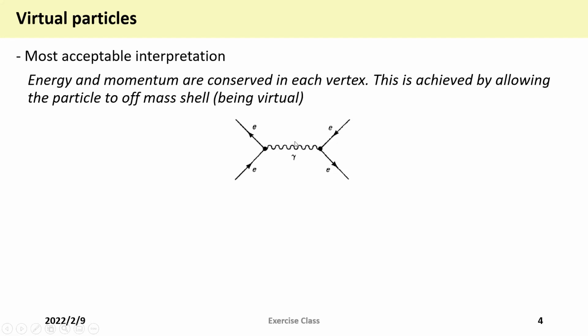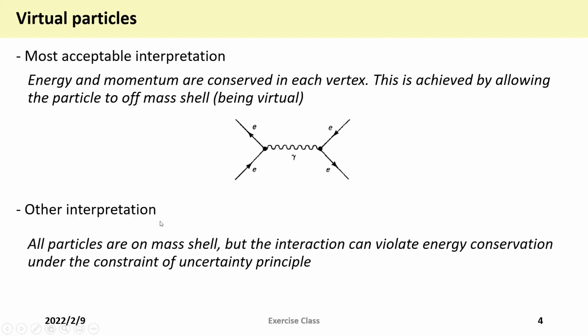That's why we come up with the concept of virtual particles, because we insist that energy and momentum should be conserved at each vertex. But there's also another interpretation saying that we insist every particle in the diagrams is on mass shell. That means they are real particles.